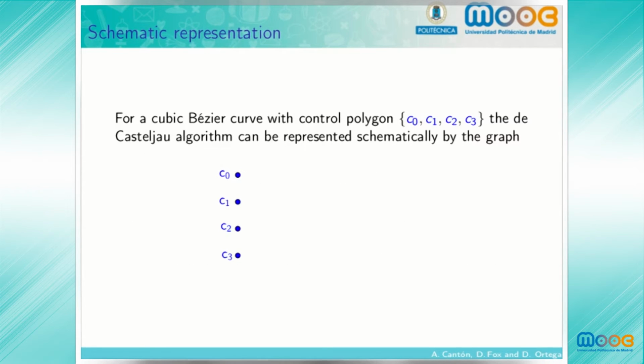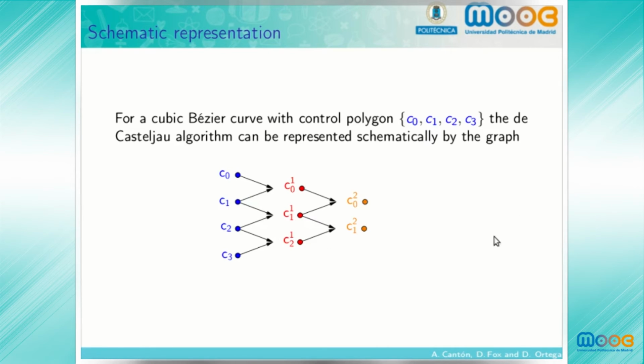Here we have a schematic representation of the Casteljau algorithm. For a cubic Bezier curve, the control polygon has 4 points, C0, C1, C2, and C3, and these are the starting points of the algorithm. In the first iteration, the number of points is reduced by 1, and we get 3 points, which are represented in red.